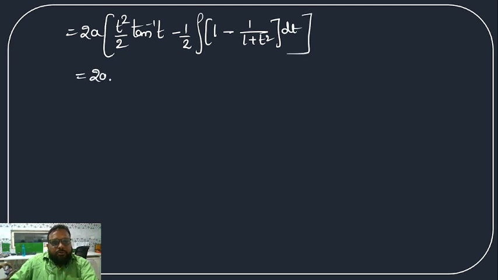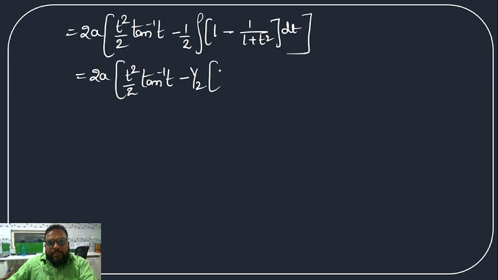So next step, 2a into t square by 2 tan inverse t minus half into, this part will be integration of 1 dt minus integration of 1 by 1 plus t square dt. This is what I am left with.